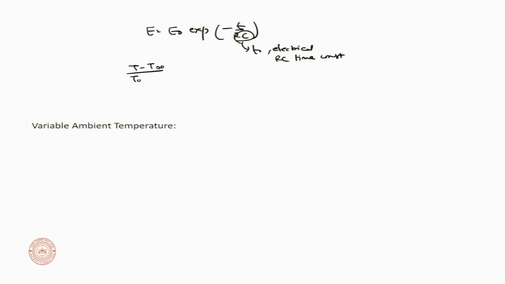All right, so our equation is E equals E naught exponential of minus t over RC, where RC is our electrical time constant, which is equivalent to (T minus T infinity) over (T naught minus T infinity) equals exponential of minus t rho CpV over hA.